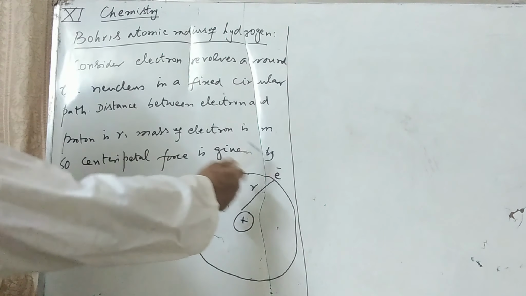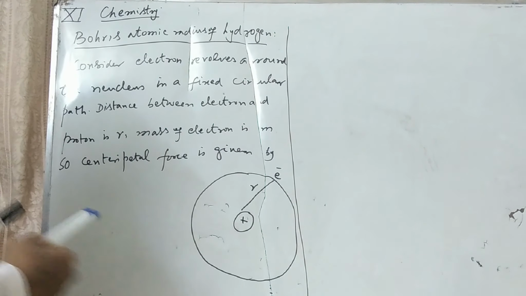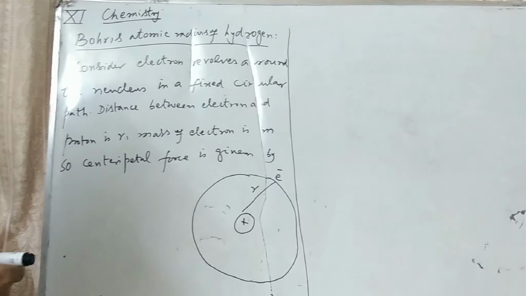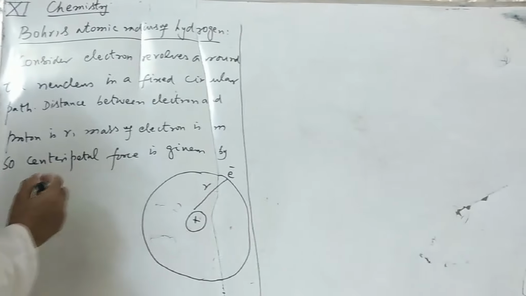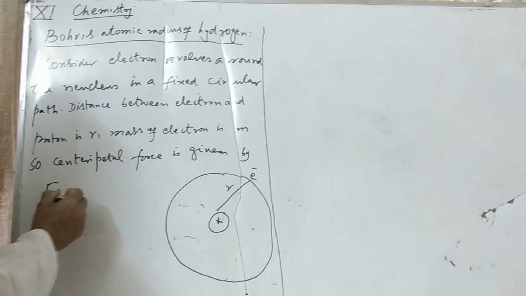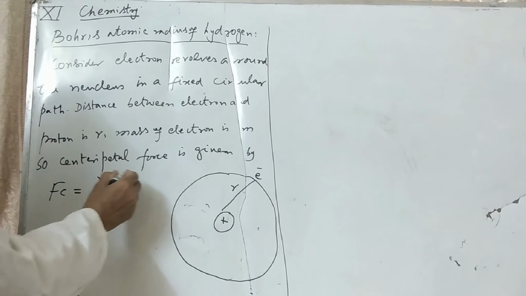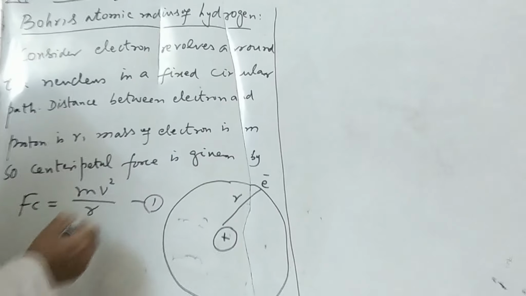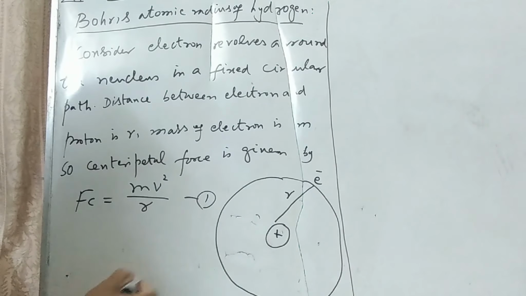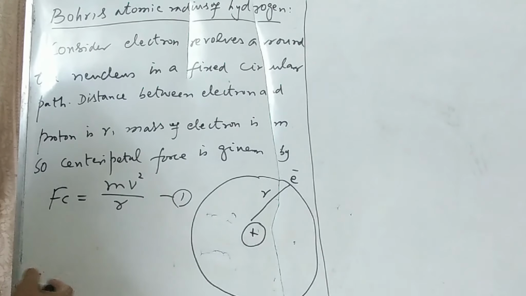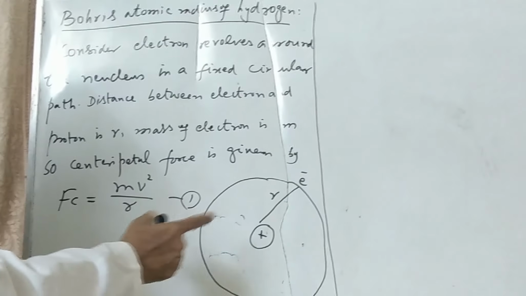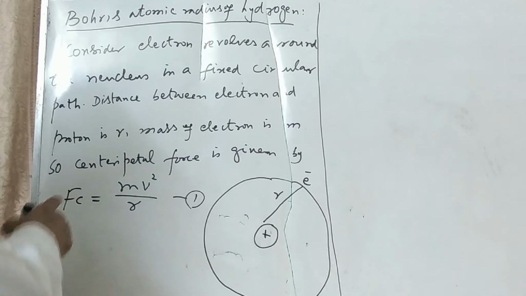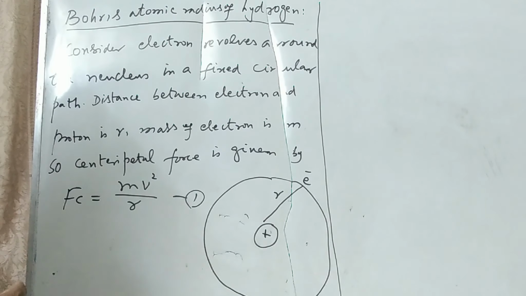Since it revolves in a circular path, it has a centripetal force, and you know the formula: Fc is equal to mv square over r. Here m is the mass, v is the velocity with which it moves in a circle, and r is the radius. Since the force is one of attraction towards the nucleus, Fc is equal to mv square over r.